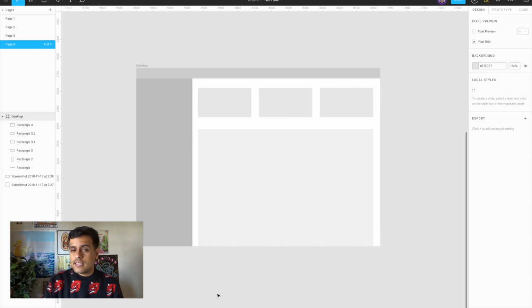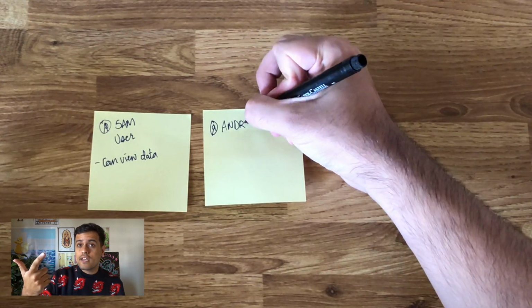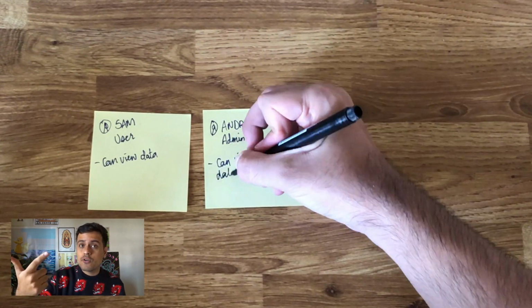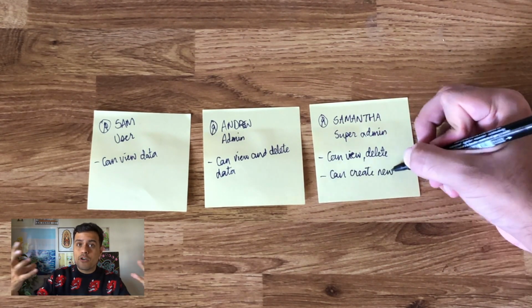Another example I'll talk about is, let's say you're building a dashboard application. You're building a SaaS tool that companies are going to use, and there are going to be teams of people using it. The different types of users you have identified are regular users who use this to check their data, administrators who can edit and add new people, and super administrators, people who can actually nuke everything and create new projects.